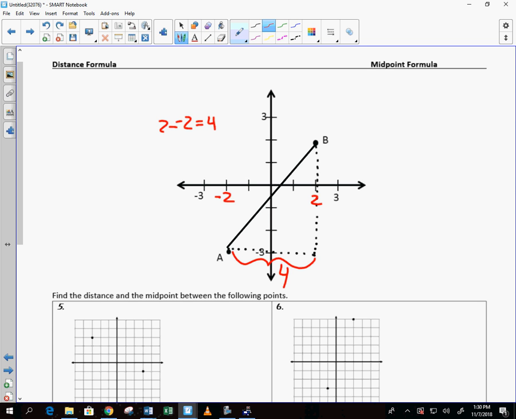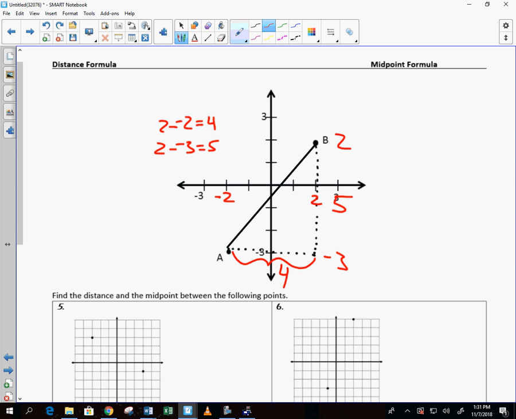Can somebody tell me this length right here? 5. I go from 2 down to negative 3, and 2 minus negative 3 is 5. So that length is 5. That's enough information to be able to find the distance between the 2 points, isn't it?